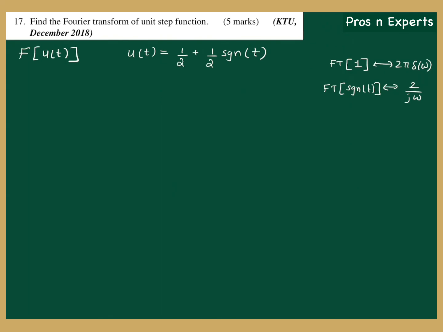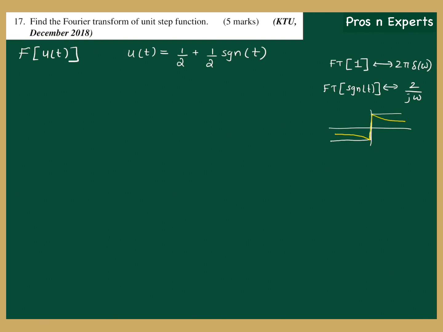How did you get this? We have already done this in an elaborate method, I think in part 10 of this tutorial series, or I will just use some hints to refresh your memory. This is signum of t, right? What we did was approximate this with an exponential signal.